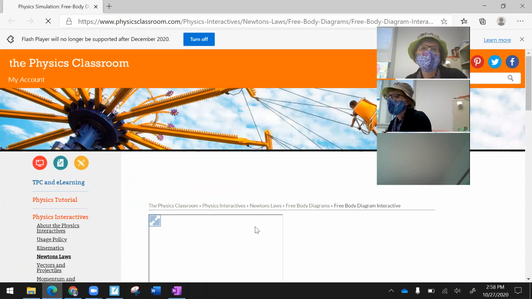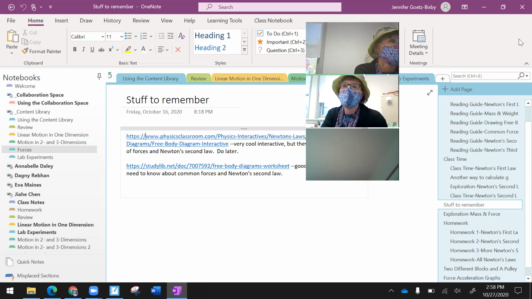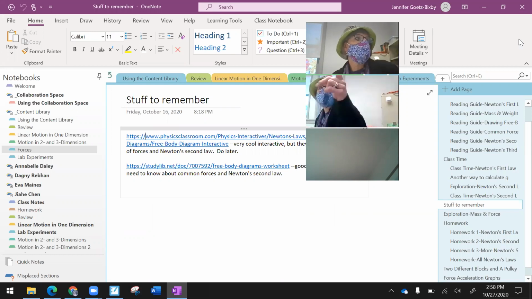Okay, so if you go to our forces tab under our OneNote notebook, there's that tab called Stuff to Remember. You don't necessarily have to download that because that was just for me because I found this really cool interactive and I didn't want to lose it.